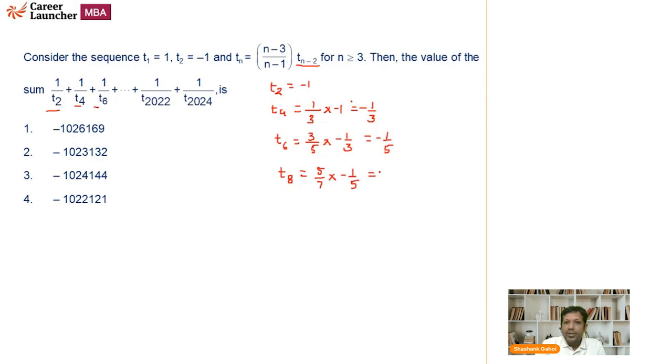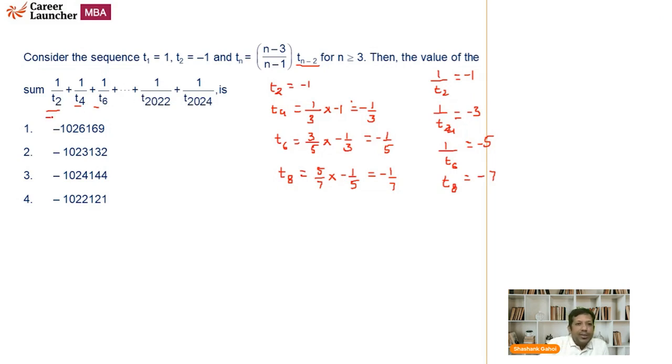So this value becomes -1 upon 7. Okay. So if I talk about 1 upon T2, that comes out to be -1. 1 upon T4 comes out to be -3. 1 upon T6 comes out to be minus 5. 1 upon T8 comes out to be minus 7.